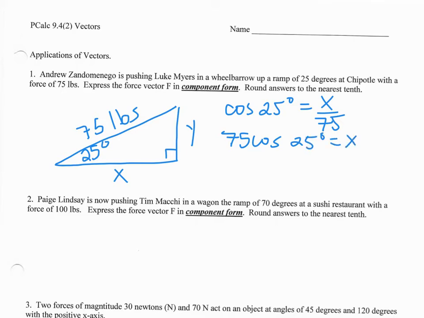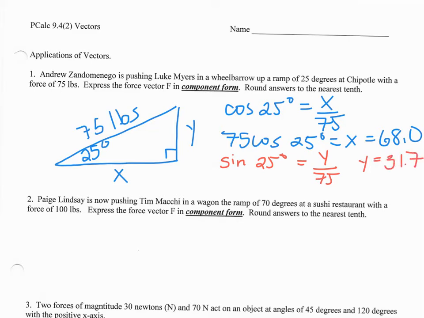So if I break that up into the horizontal component and I crank that in the calculator in degree mode, I get 68.0. Okay? Now, if I do the same thing with the y value, let's go to sine now. Sine 25 is y over 75. Exact same thing, and I get y to be 31.7.